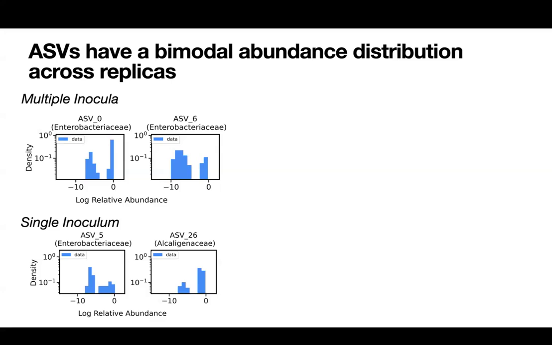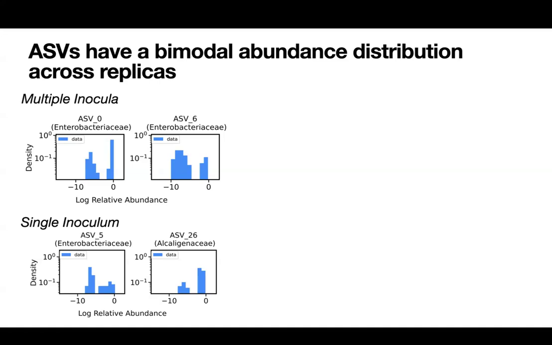So the first observation that we saw looking at this data is that different species, and here ASVs, which if you don't know what it is, you can take as a synonym of species, have a bimodal distribution.